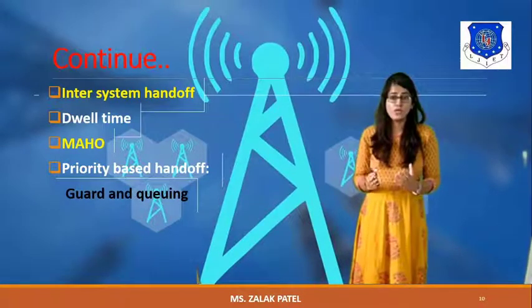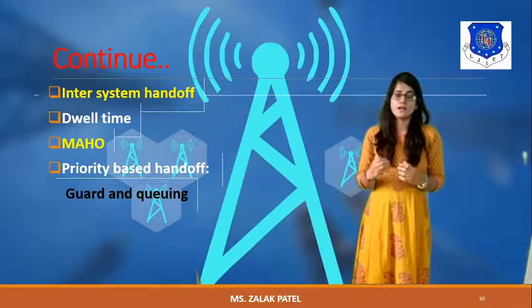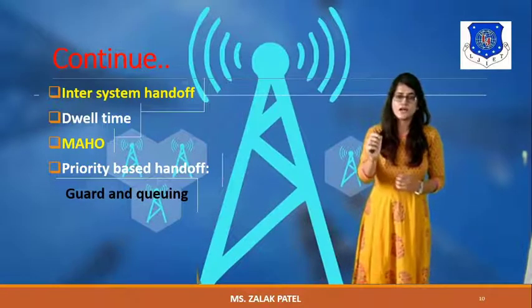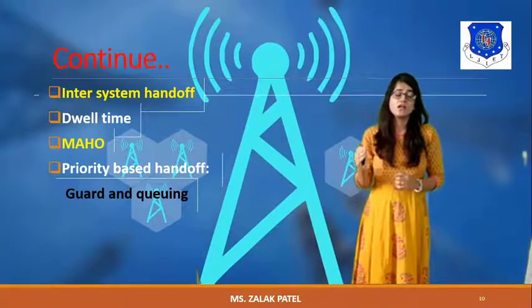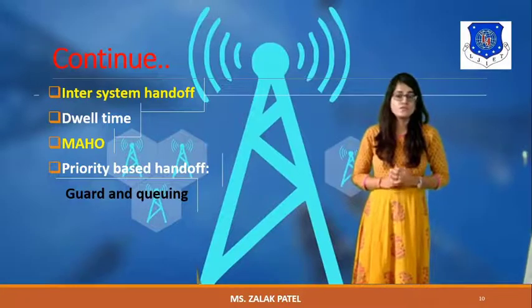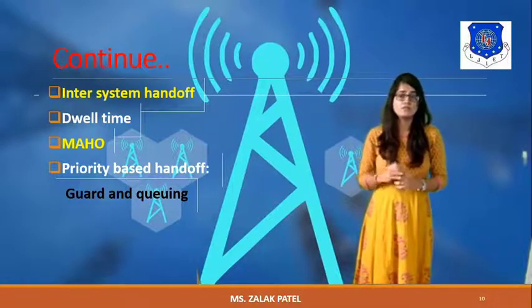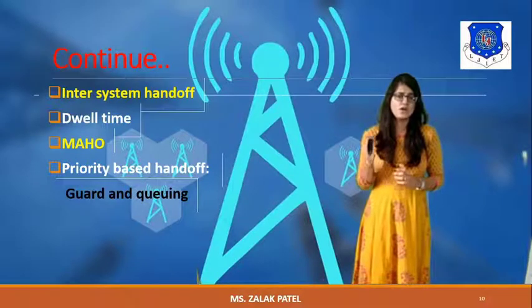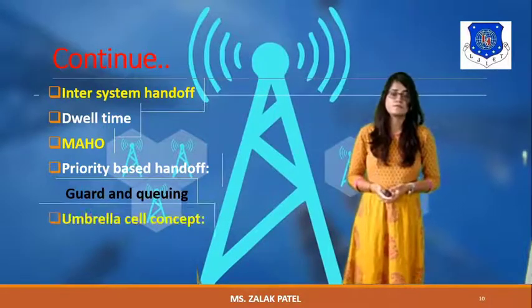In the case of queuing, the channels are queued in a particular sequence, so that one channel starts propagating, then the second channel starts, and then the third. So in queuing, channel borrowing is not necessary, while in the guard channel concept it is necessary.